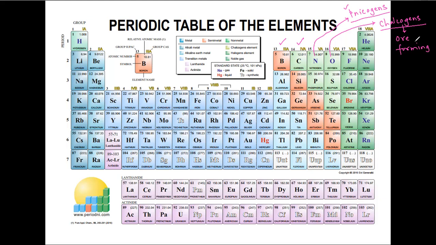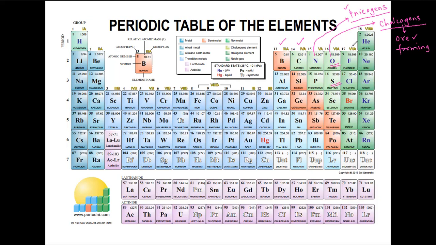But from a particular mineral, you can extract the element, the metal or the non-metal, conveniently, I mean easily and economically, means at a cheaper rate. That particular mineral is said to be ore. Most of the elements occur in the form of their oxides or sulfides. So that is the reason why we call them chalcogens.